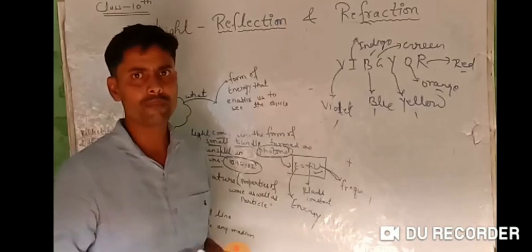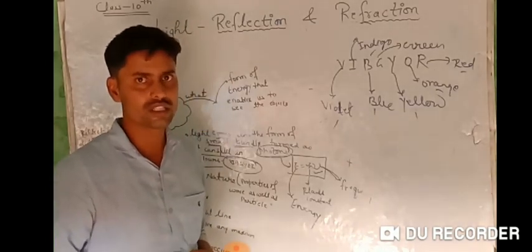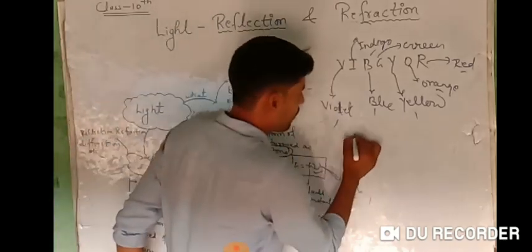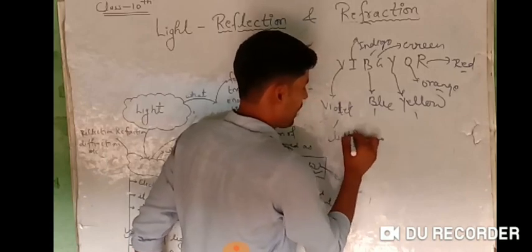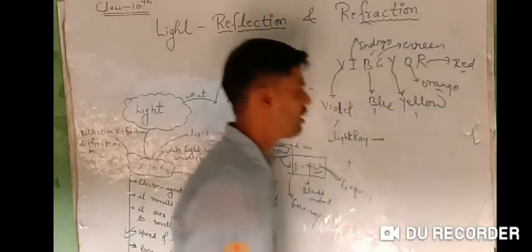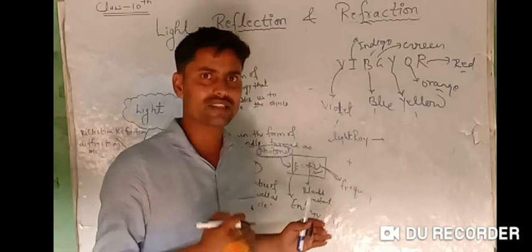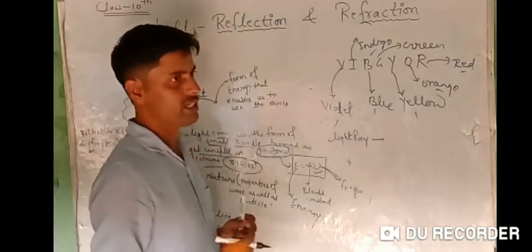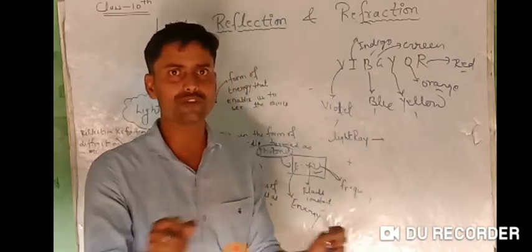And what are those basic definitions? Okay, so we will study about light ray. Now what is this light ray? When the light is traveling in any medium, then a straight path is formed.